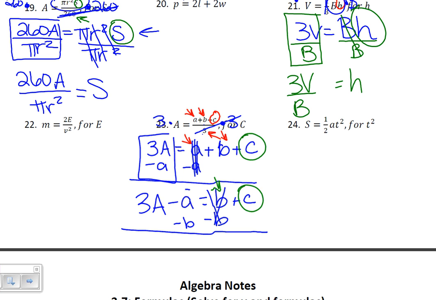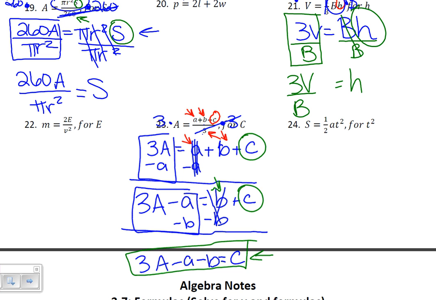Again, I don't know what this is. Fine. We're just going to write exactly what it says. It says 3A minus A minus B equals C. Now that C is by itself, this is my answer. Don't worry that you don't know the exact number answer. There is not a number answer.